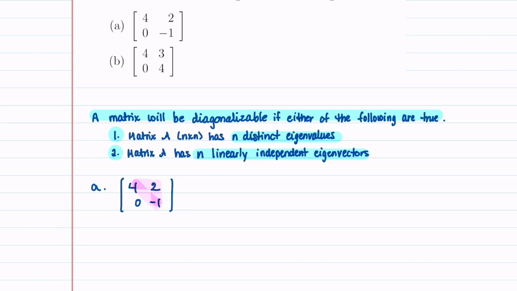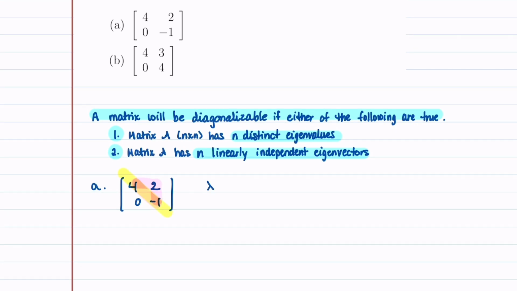There's a theorem that says that if a matrix is a triangular matrix, the eigenvalues are just the entries along the main diagonal. So we can write down that the eigenvalues of this matrix are 4 and negative 1. These are two distinct eigenvalues, so that tells us that our matrix is diagonalizable.